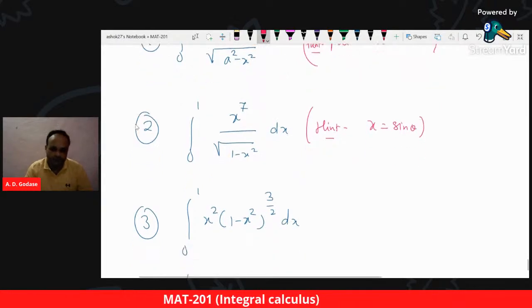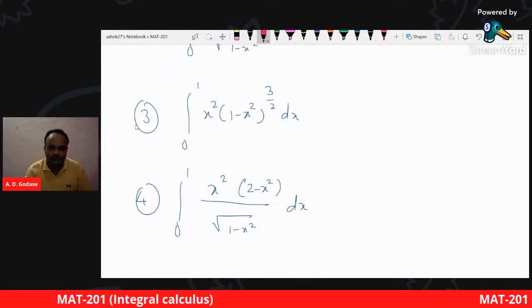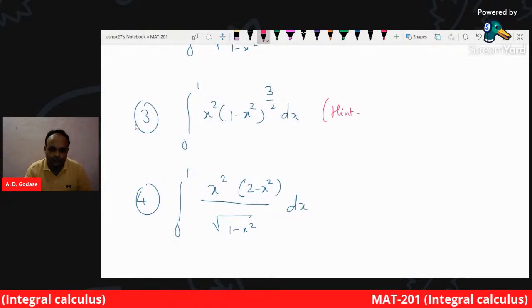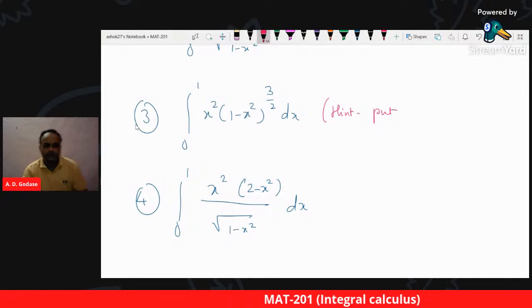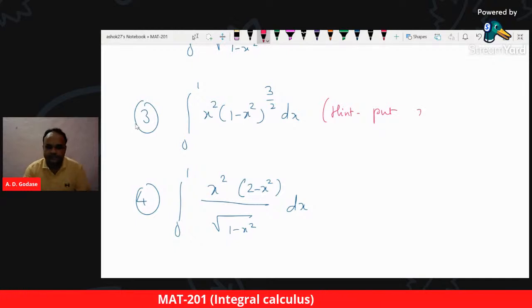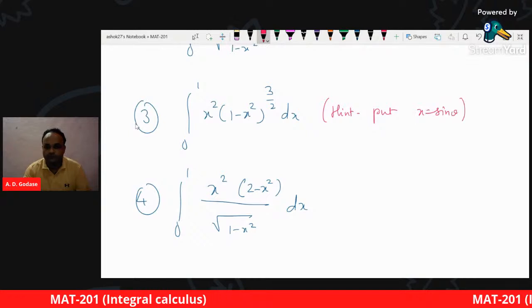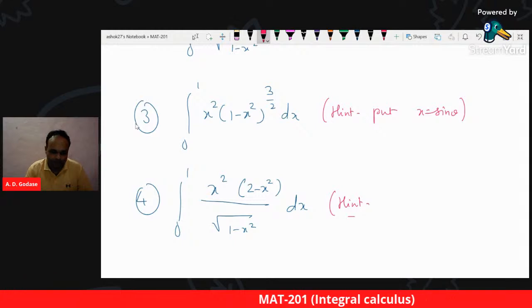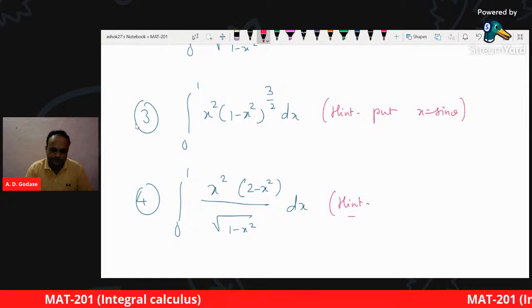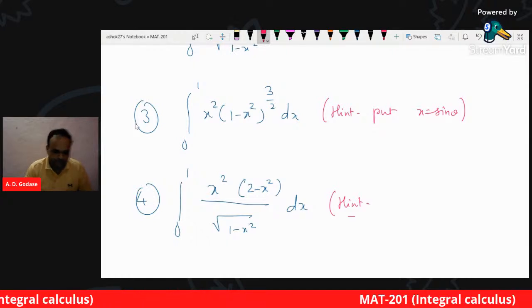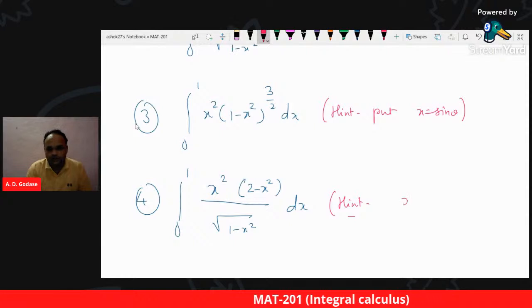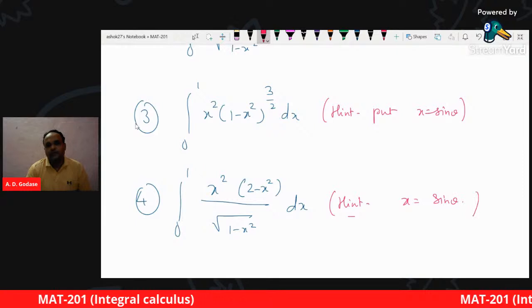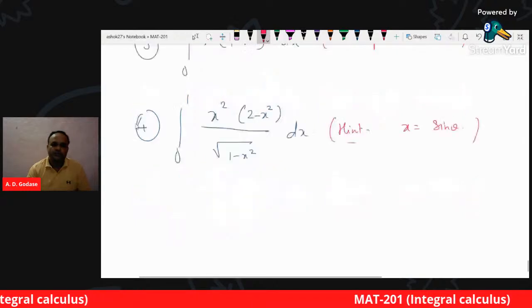In the third example, the hint is that you can put x equal to sin theta again. In the fourth example, again x equal to sin theta, and solve these problems. So this will be the end of the chapter.